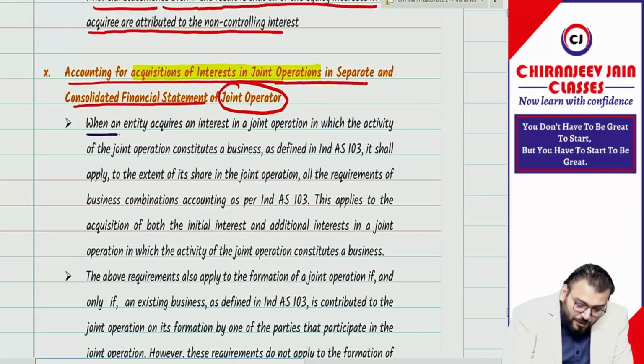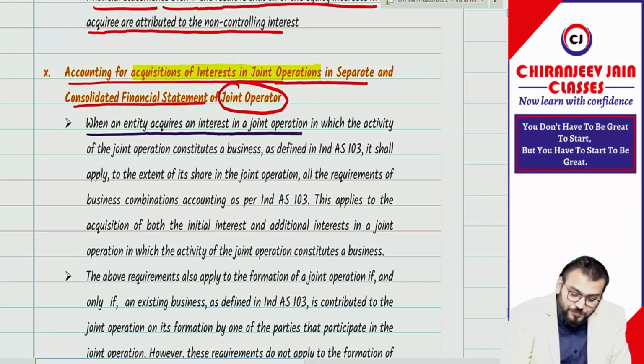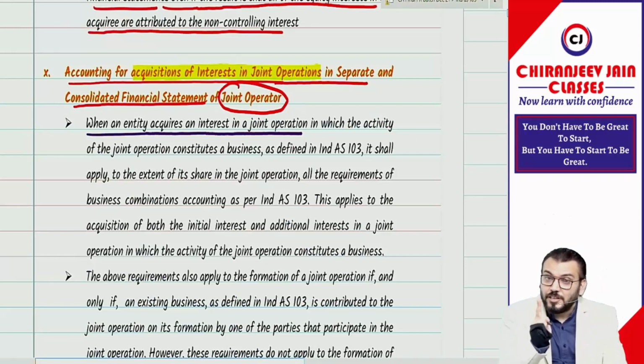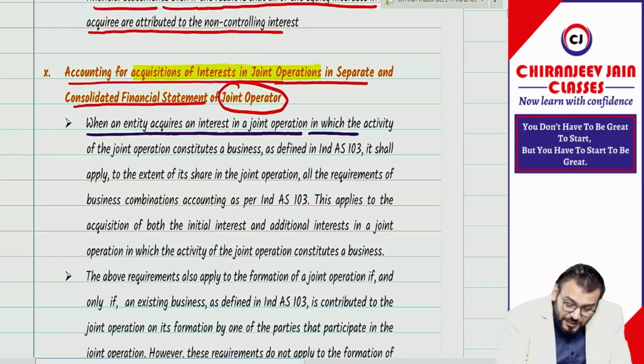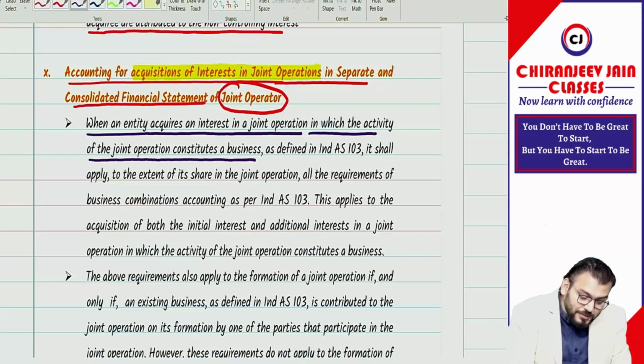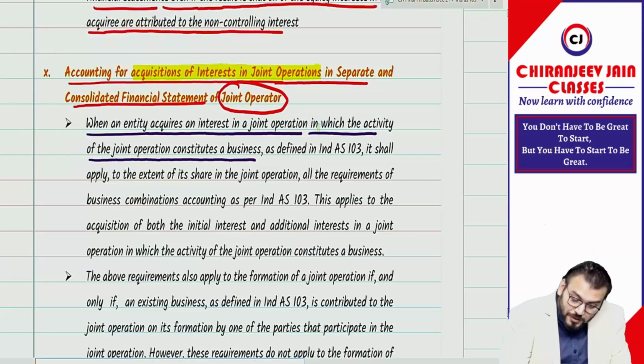When an entity acquires an interest in a joint operation, not joint venture, in which the activities of the joint operation constitute a business, oh, अच्छा ये बात, a business as defined in Ind AS 103.